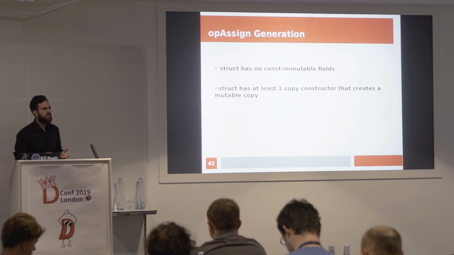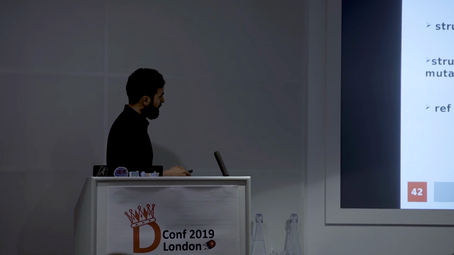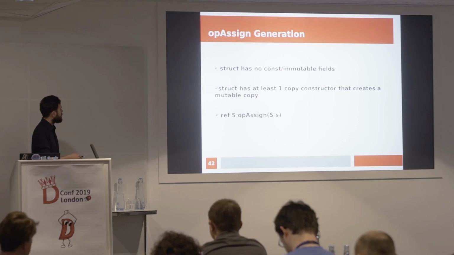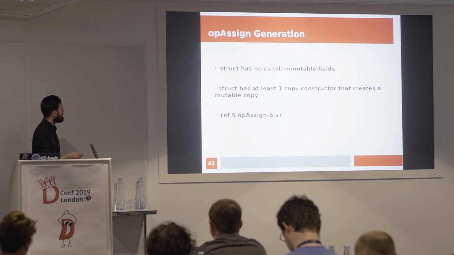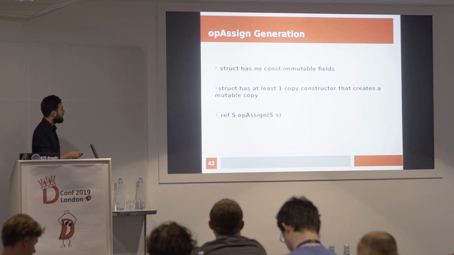So if you want to have an assignment operator that creates an immutable copy, it would be better that the user define that, because you cannot know what the intent is. And also, we want this because we want the signature of op assign to have an argument which is taken by value, because that way I'm going to be able to call the copy constructor.